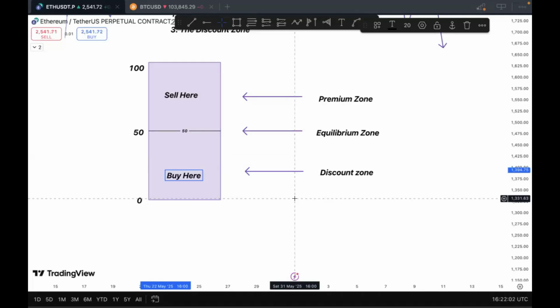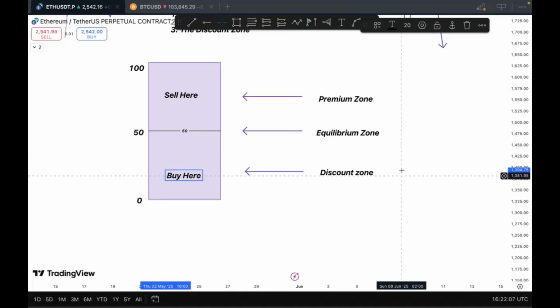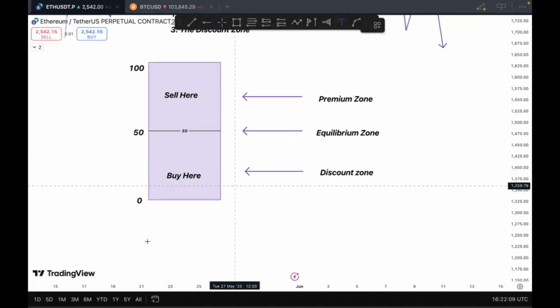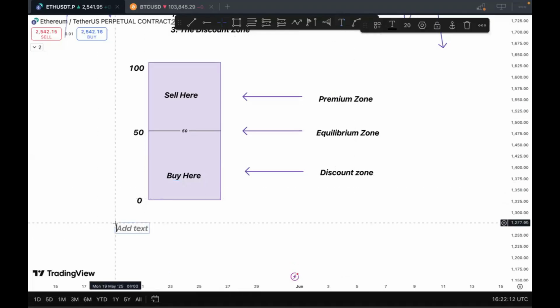Then the question is, what do we do at the equilibrium zone? At the equilibrium zone, we don't buy or sell. Why?